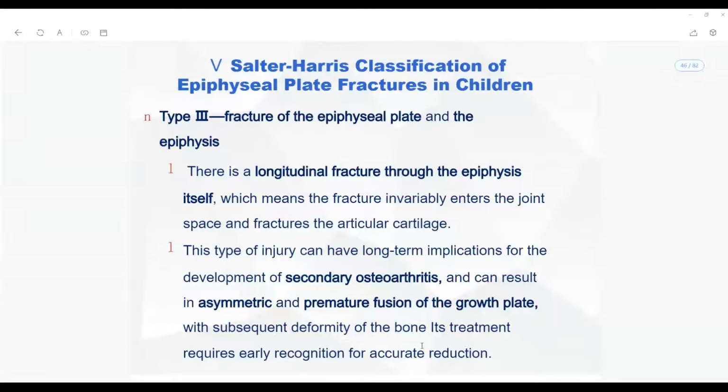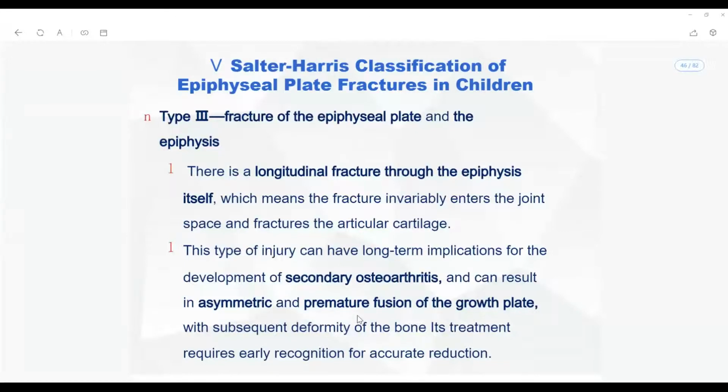In type 3 fractures, the epiphyseal plate and the epiphysis are involved. If the epiphysis is taken away, there will be an influence on the articular surface, and that is what causes the subsequent deformity. First thing to notice here, there will be an asymmetric and premature fusion.